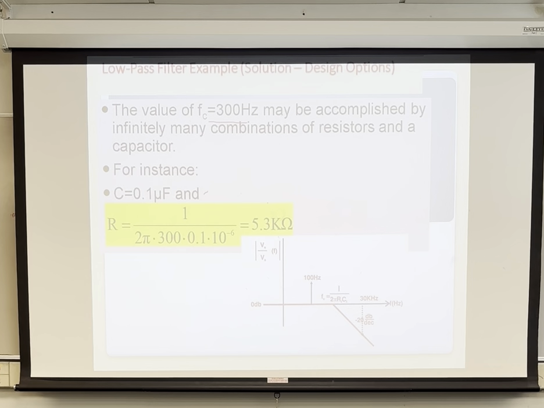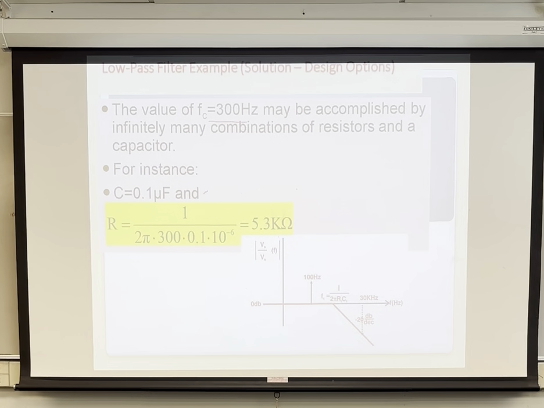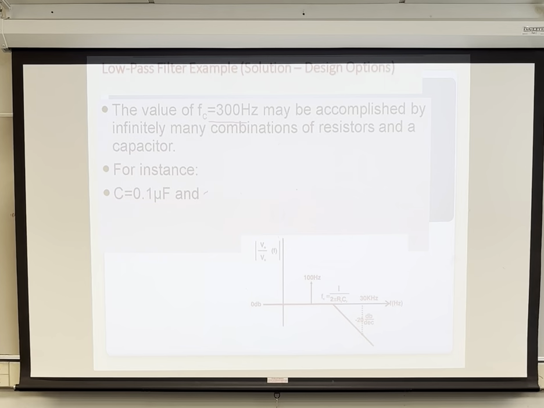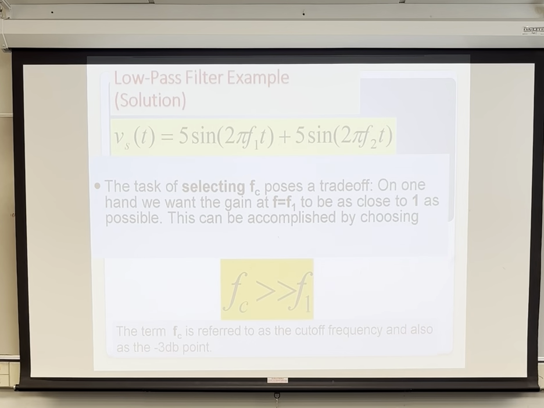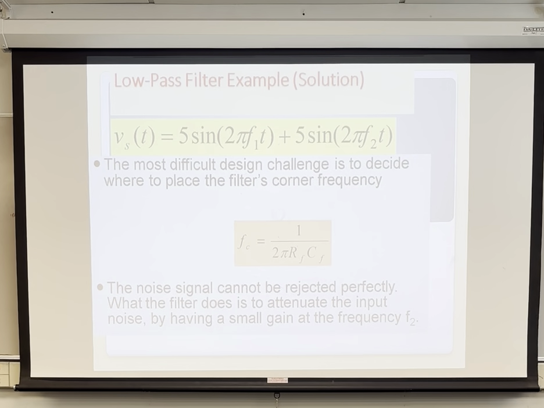So what's the equation for the cutoff frequency? 1 over 2 pi R CF. So we pick CF to be 0.1 times 10 to the minus 6.